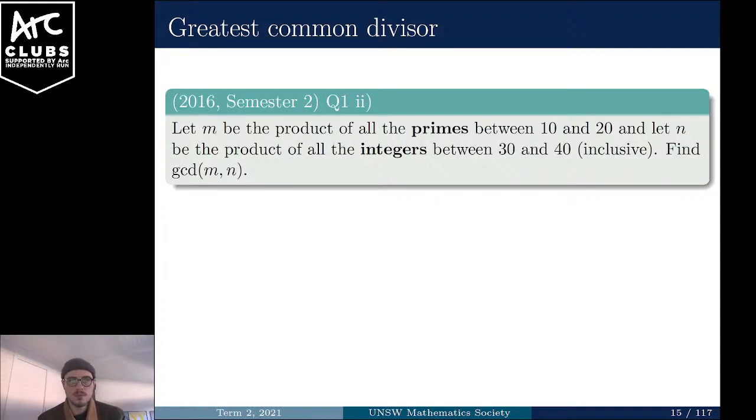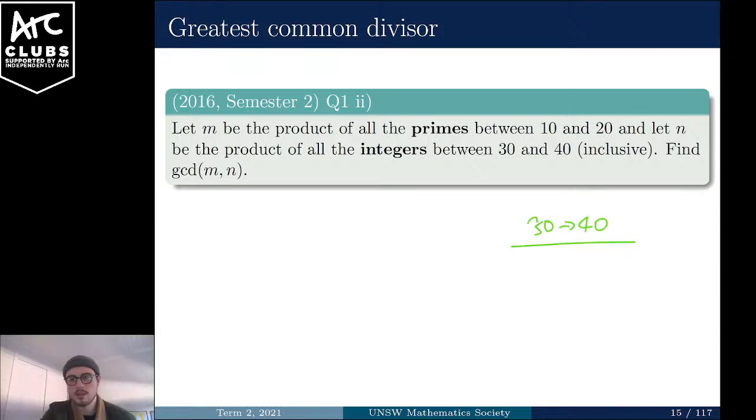So, from the 2016 paper, it says, let M be the product of all primes between 10 and 20, and let N be the product of all integers between 30 and 40 inclusive. And then find the GCD of M and N. Great, so let's set up a little fraction here. So we have all the integers between 30 and 40 inclusive.